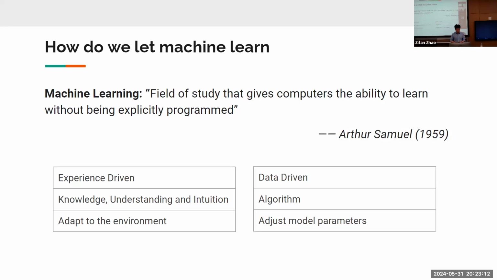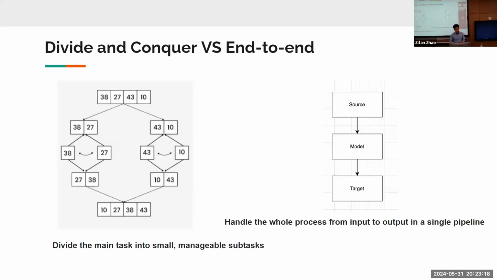So as I mentioned before, what does it mean by not being explicitly programmed? I believe if you have some prior programming experience, you will know that when you are writing code, you write it line by line. And if you want to solve a main task, no matter if it's in your exam or in a real world scenario, you always first define a problem and decompose it into a lot of small but manageable subtasks, and then solve them in functions one by one.